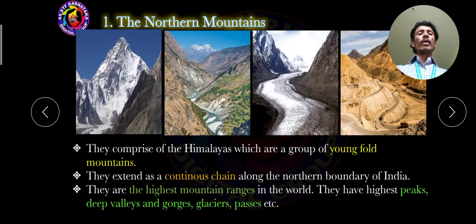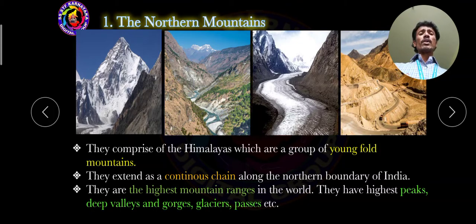Then gorges. Gorges means where the river runs between mountains. See here the river is flowing between the mountains. This is possible to see only in the northern mountains. And the passes, see these are passes. In Kannada we call it Kanive Marga.